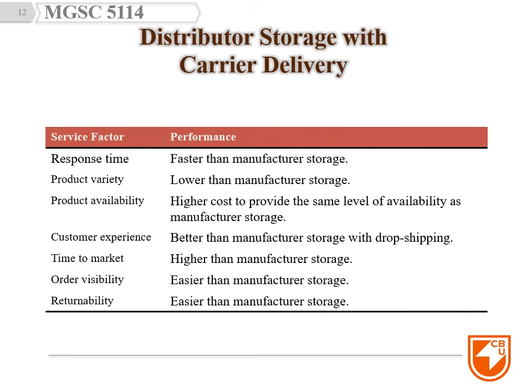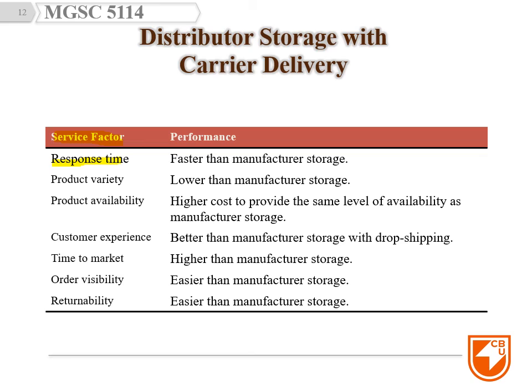Now we want to review the third option, which is distributor storage with carrier delivery, from the service factor or from the customer perspective. In terms of response time, it's much faster than other options because we are not supplying the products from a manufacturer place. We already have it very close to the customer place, which is warehouse storage or retailer place.